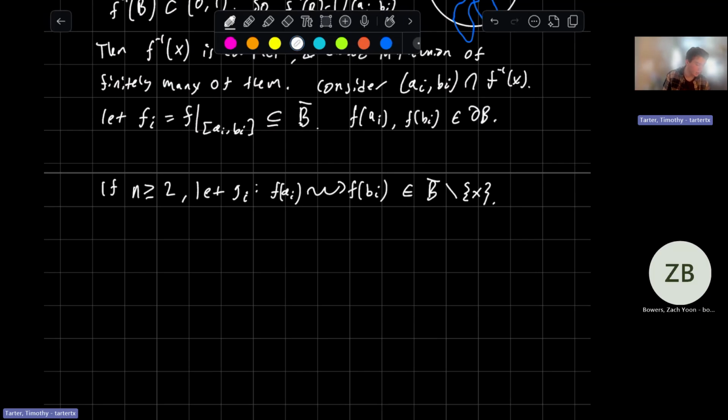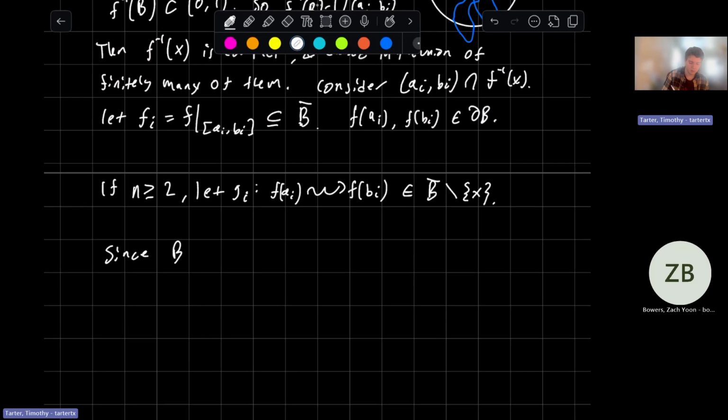So we could pick it to lie in the boundary of B, which is a sphere of dimension n minus 1, and thus path connected.